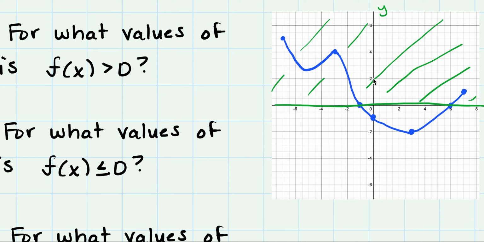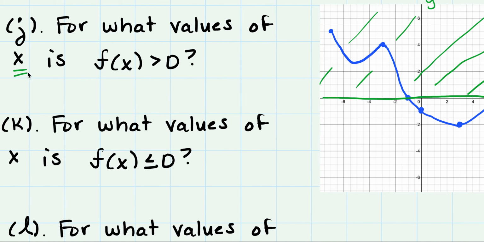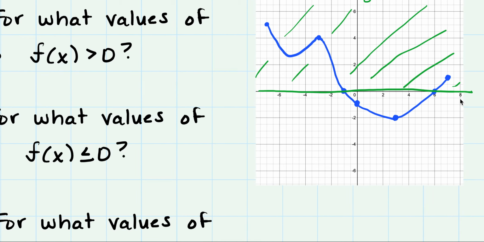The smallest number x can be, because remember values of x is this axis here, so we go all the way out to negative 7, and we can equal negative 7. Then from negative 7 all the way to negative 1, but we don't want to equal 0.